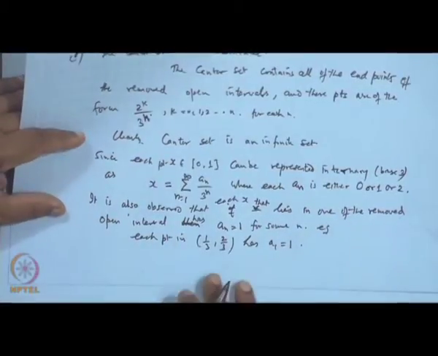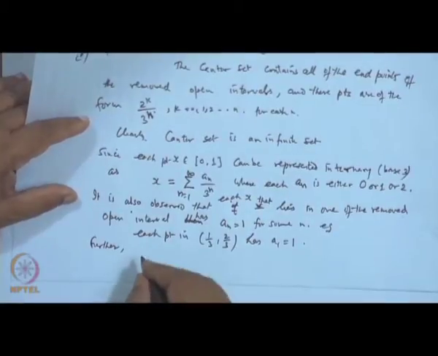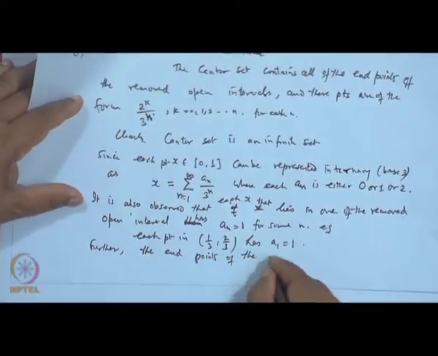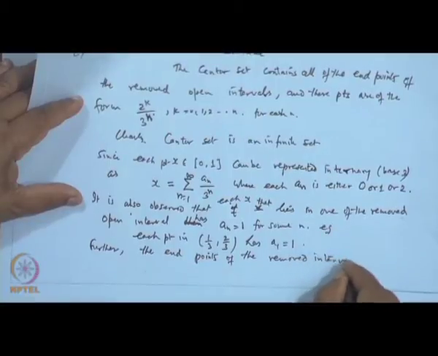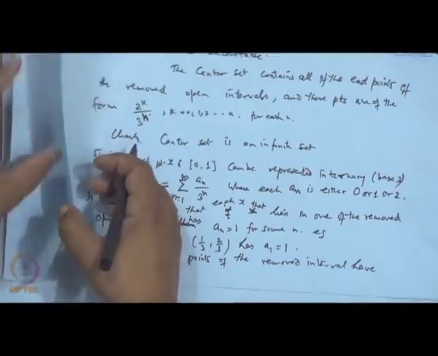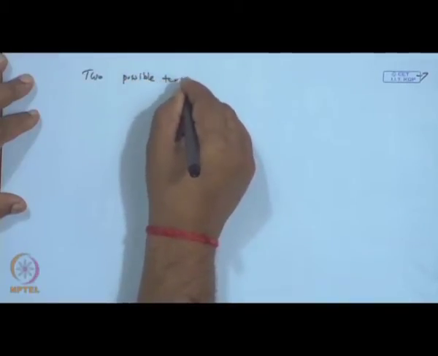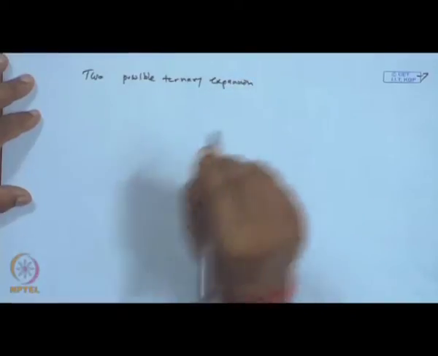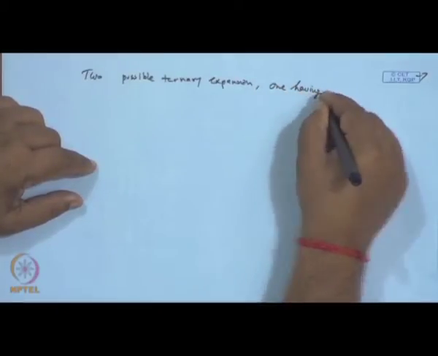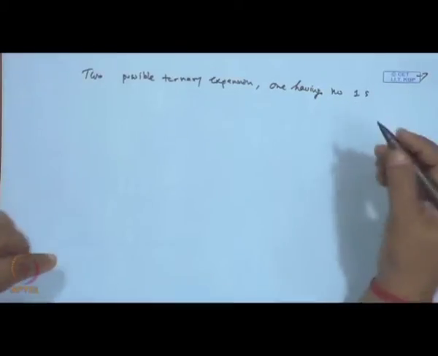Now, the endpoints of the removed intervals, say 1/3 and 2/3, have two possible ternary expansions, one having no ones and the other having some ones or twos.